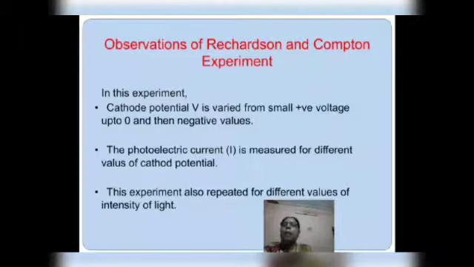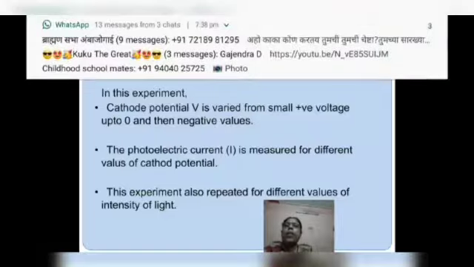At that time, the photoelectric current I is measured for different values of cathode potential. This experiment is also repeated for different values of intensity of light. Means we make different intensities of light fall on the surface of the cathode, repeat the experiment, measure the voltage, and calculate the photocurrent.